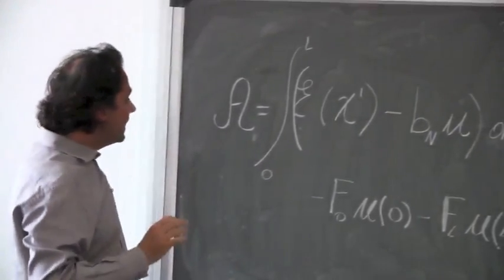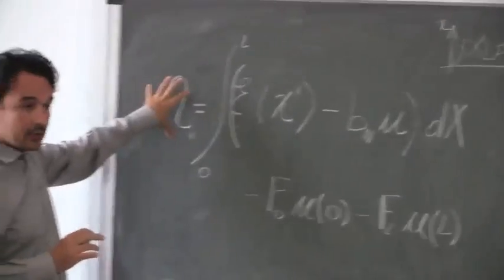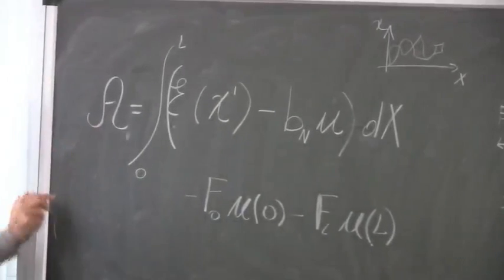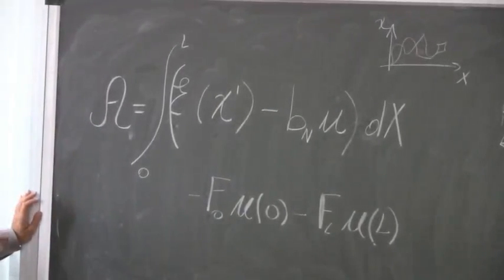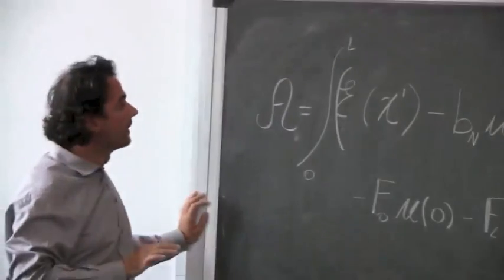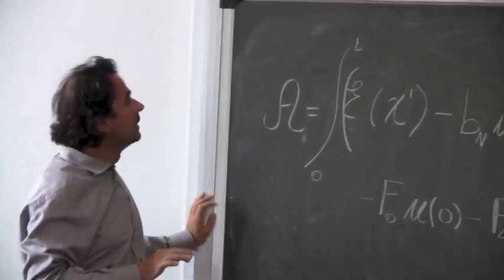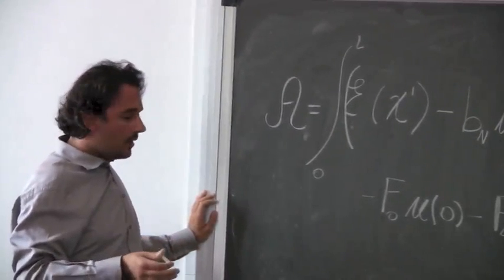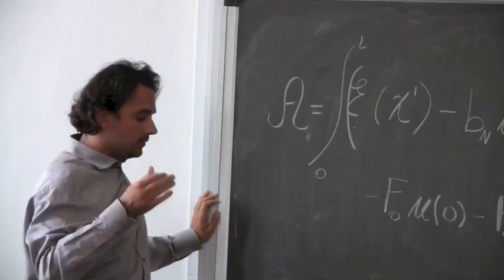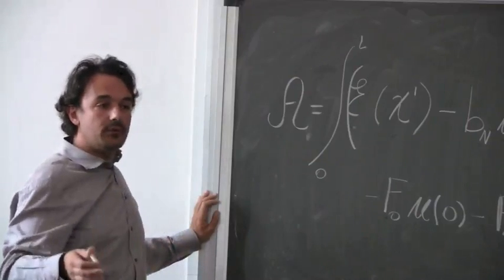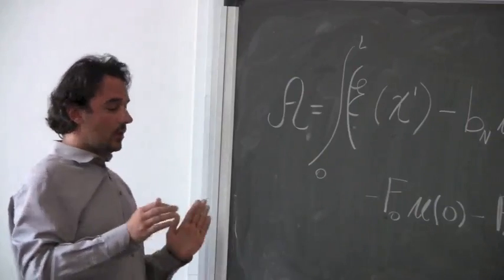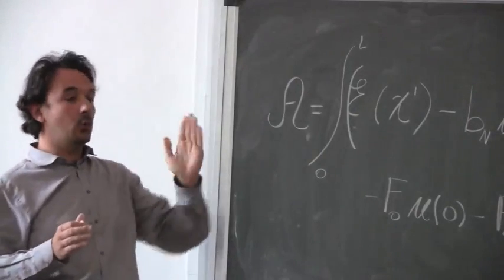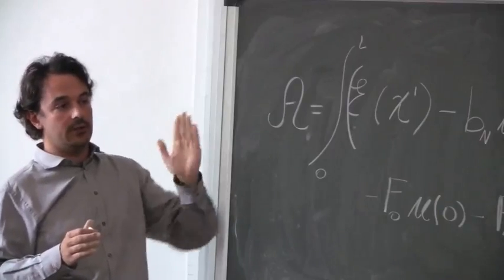Because the idea is to have a functional, and this case is a function that depends only upon the fundamental fields. In this case we have only displacement as a fundamental field. If you have done the theory of beams, maybe you have used this: you have as fundamental fields not only the displacement but also the rotation of the section.